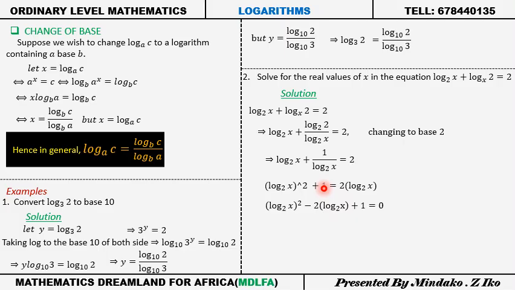You can go and watch the other video where I explained what happens when a term crosses the equality sign. So this is a quadratic that you can solve by the formula method or by factorization.